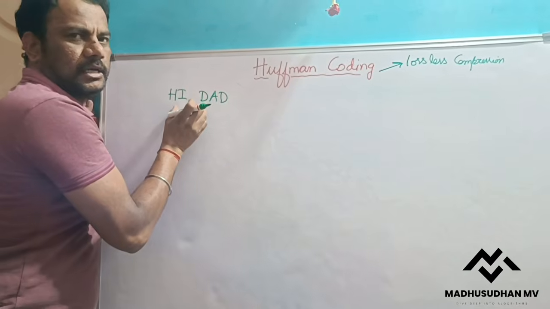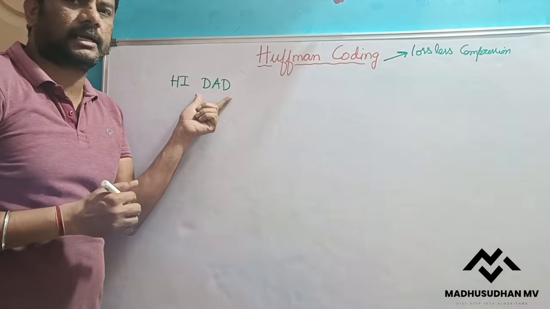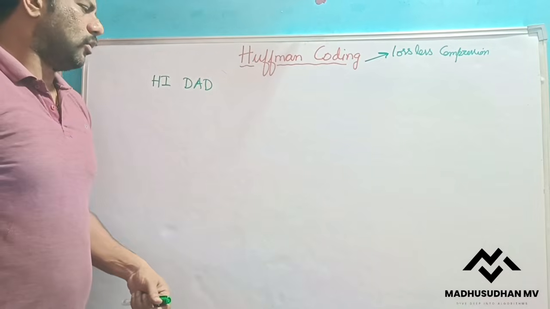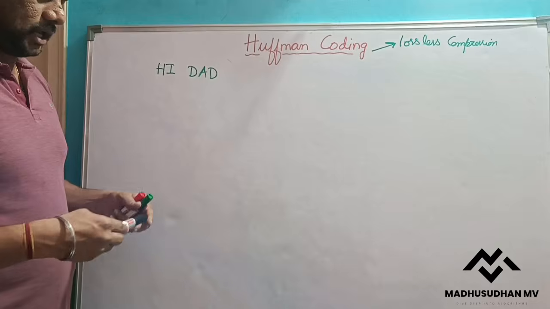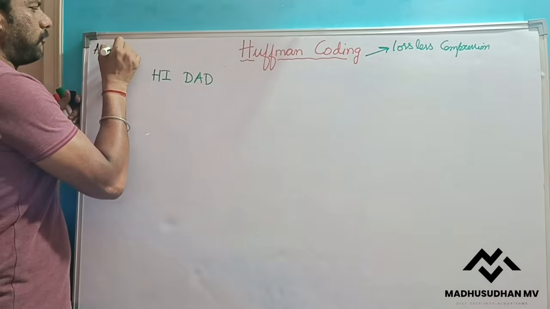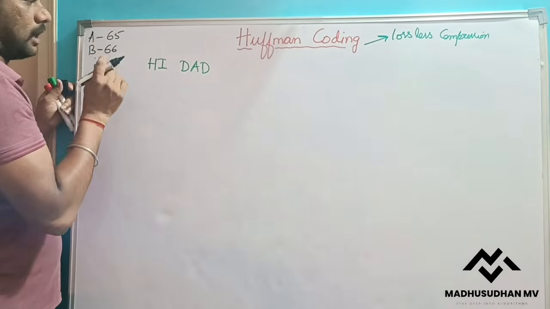For each character, we know there is one ASCII value. Every character is assigned one ASCII value, that we know. The ASCII value of capital A is 65, capital B is 66, and so on.